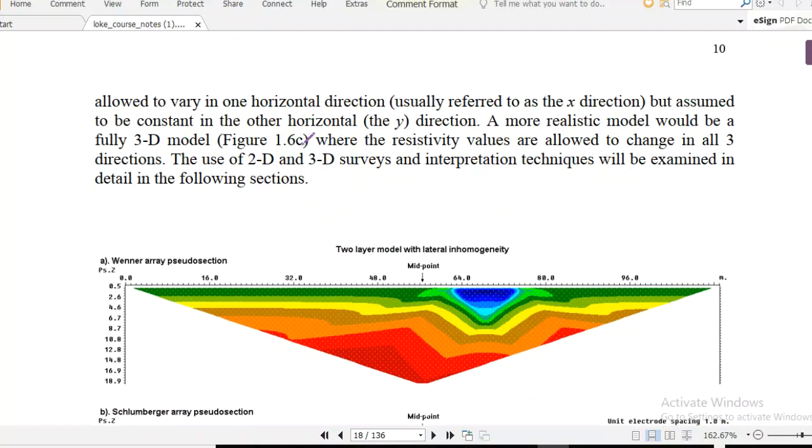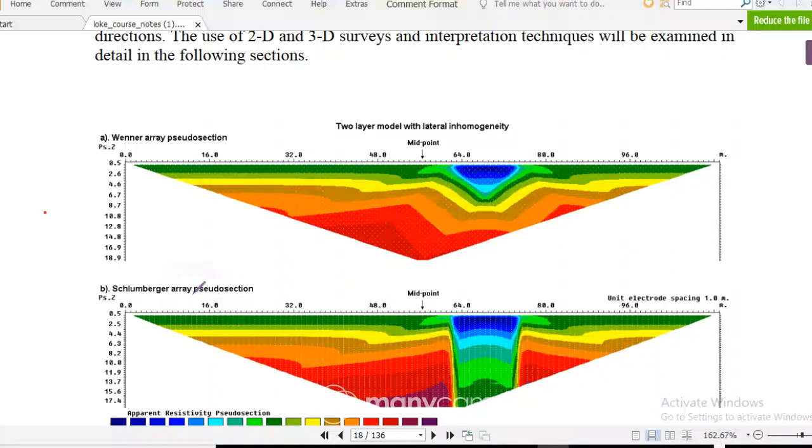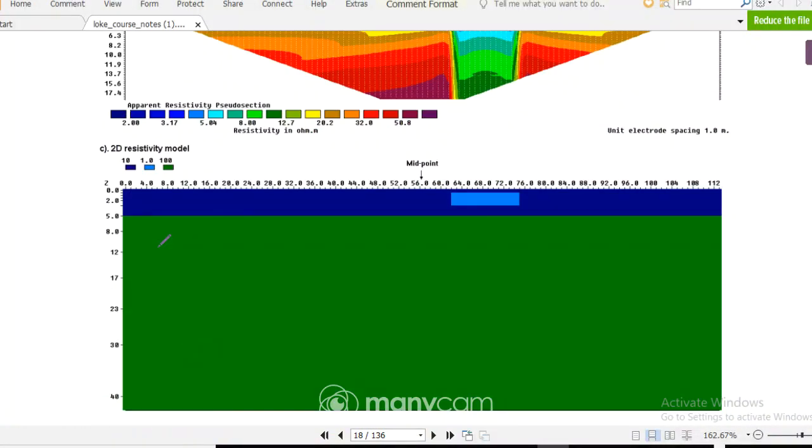This is a two-dimensional resistivity by Wenner array. Okay, there are different arrays actually. Here is the Schlumberger array. Okay, 2D resistivity model.